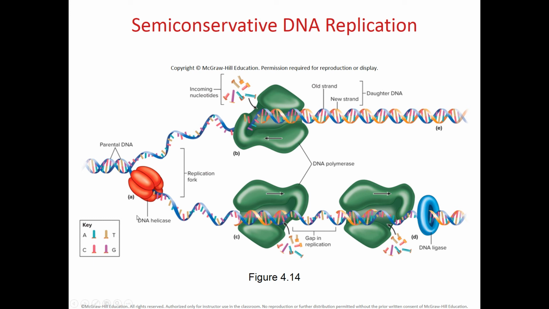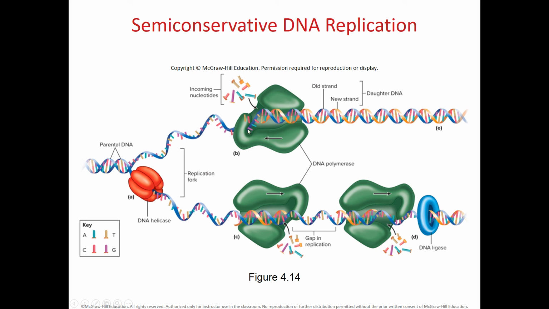So first, with the enzyme called DNA helicase, you unwind this double-stranded DNA. So you separate it. And then, as I told you, one of the strands of DNA is going to go in one direction, and the other one is going to go in another direction, into what we call the replication fork.